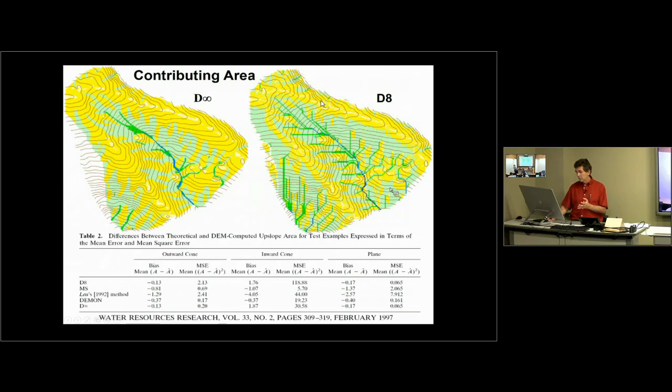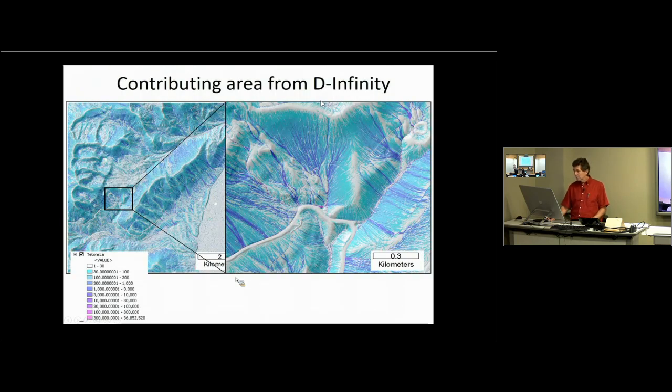You can also do some statistical examination of that and compare it to various methods and look at mean square errors and sort of justify that it's better from that perspective. I've got some pictures here where I applied the D-infinity approach to some high resolution LiDAR data that came out of the OpenTopography website, which is a repository for high resolution LiDAR.